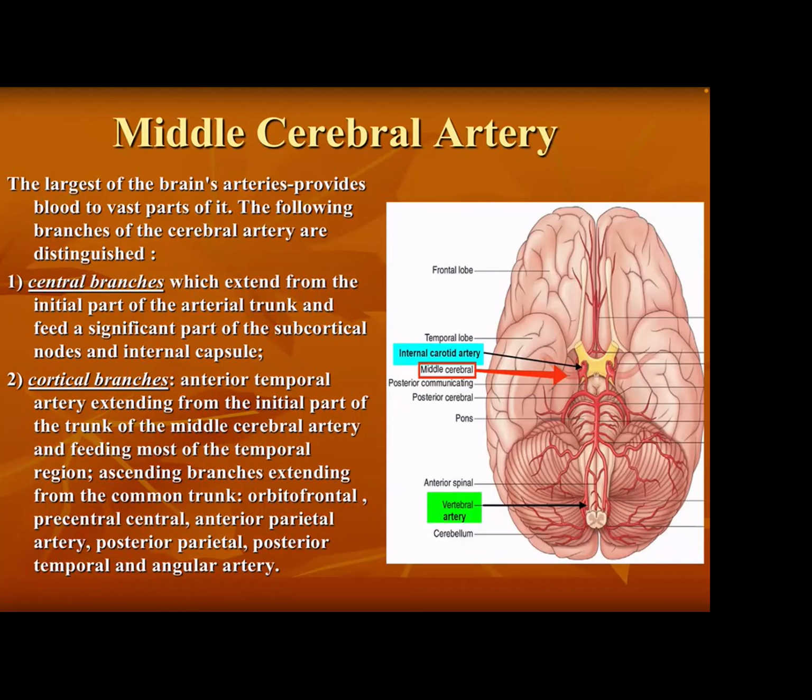Among the cortical branches, the anterior temporal artery extends from the initial part of the trunk and feeds most of the temporal region. Ascending branches extend from the trunk: orbitofrontal, precentral, central, anterior parietal, posterior parietal, posterior temporal, and angular artery.